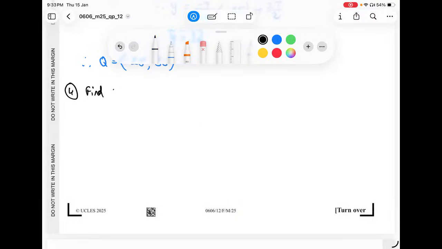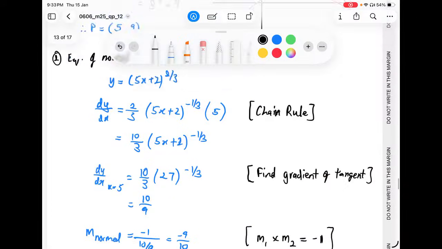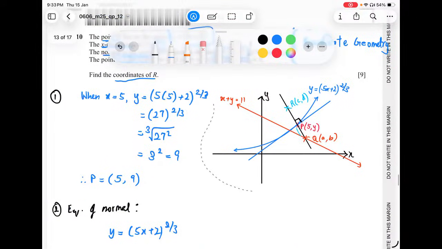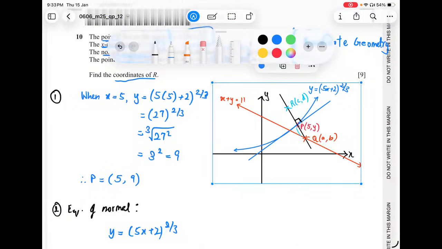Find the coordinates of R, which is the reflection. Let me just bring up this graph so it's easier for you to see how we do that.